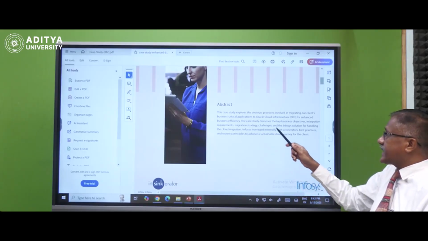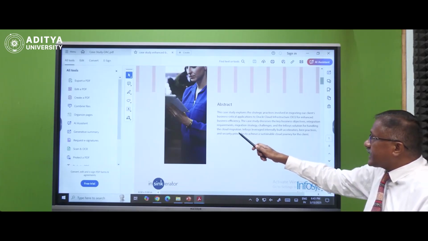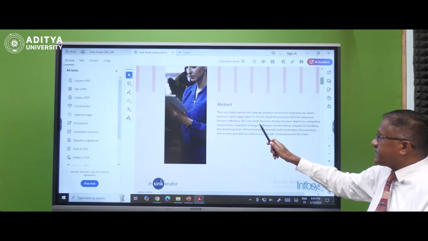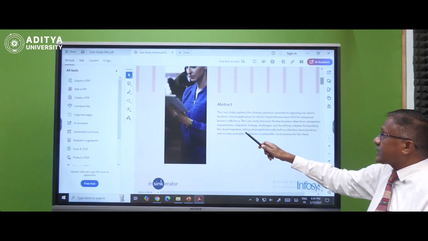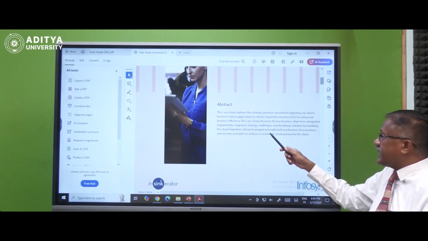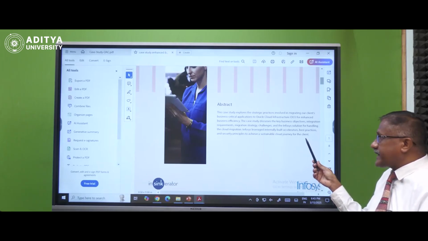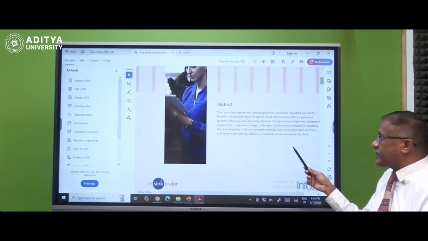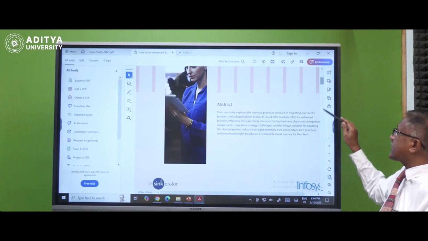The case study also discusses the key business objectives, integration requirements, migration strategy, challenges, and the Infosys solution for handling the cloud migration. Infosys leveraged internally built accelerators, best practices, and security principles to achieve a sustainable cloud journey for the client.